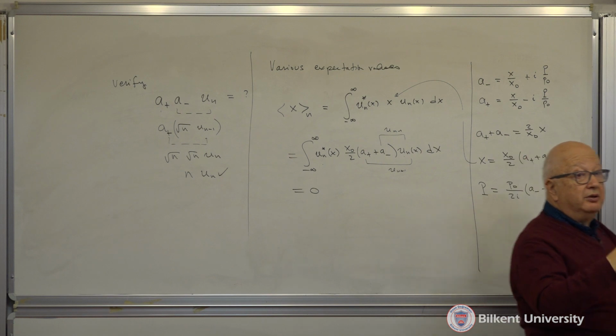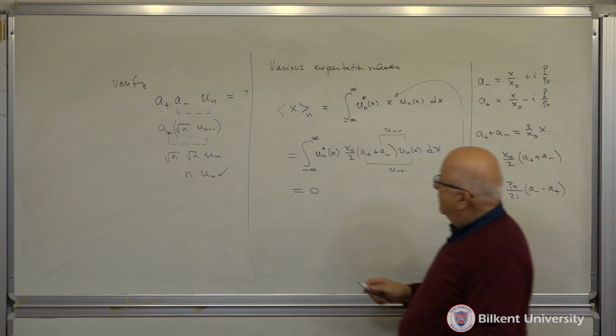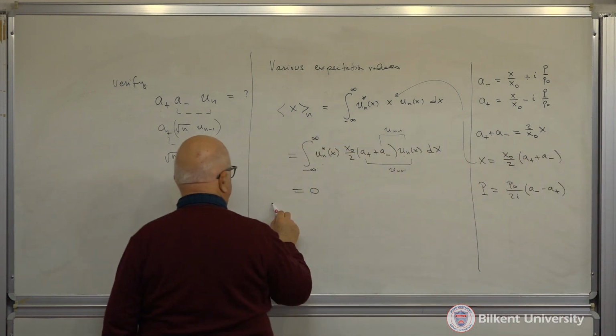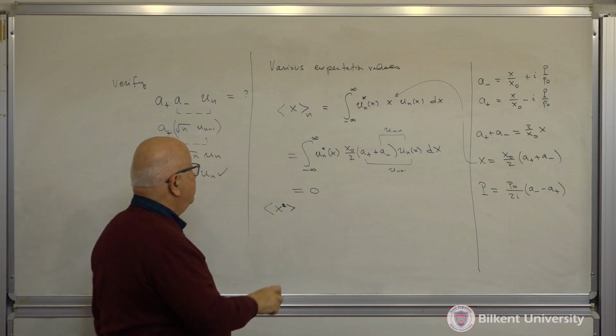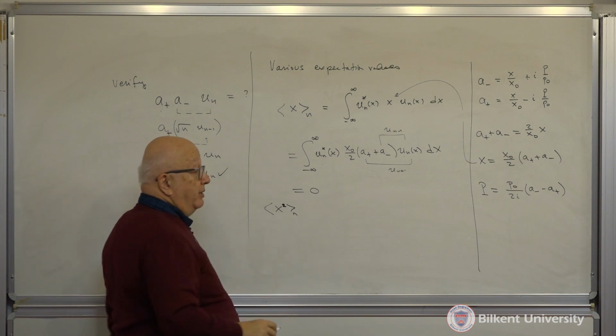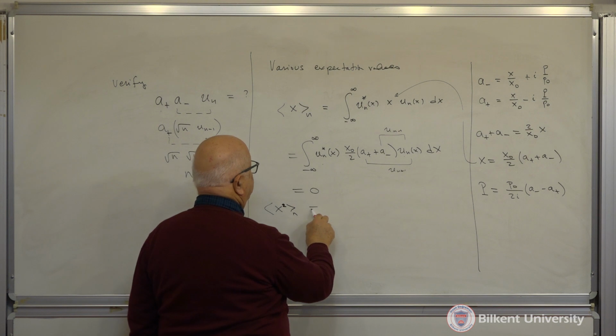The particle just sits someplace in the well. It's not going anywhere. It's in a stationary state. Now, what happens if I do this with an x squared? What is the expectation value of x squared? Now, that cannot be 0, right? That's the average of positive quantities. So now I have to get a finite result.